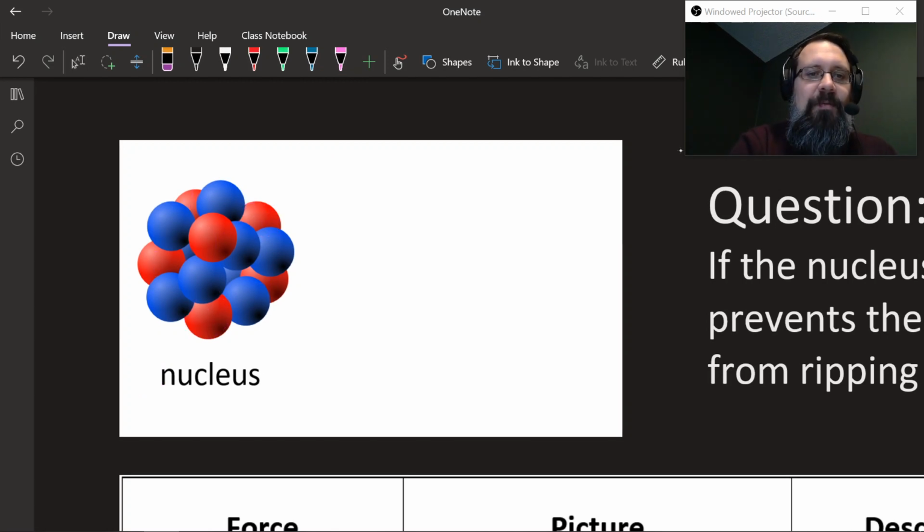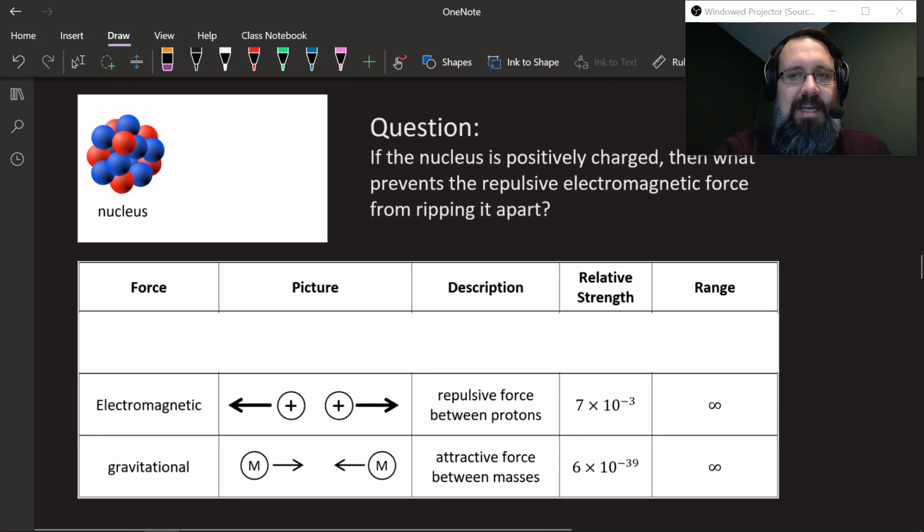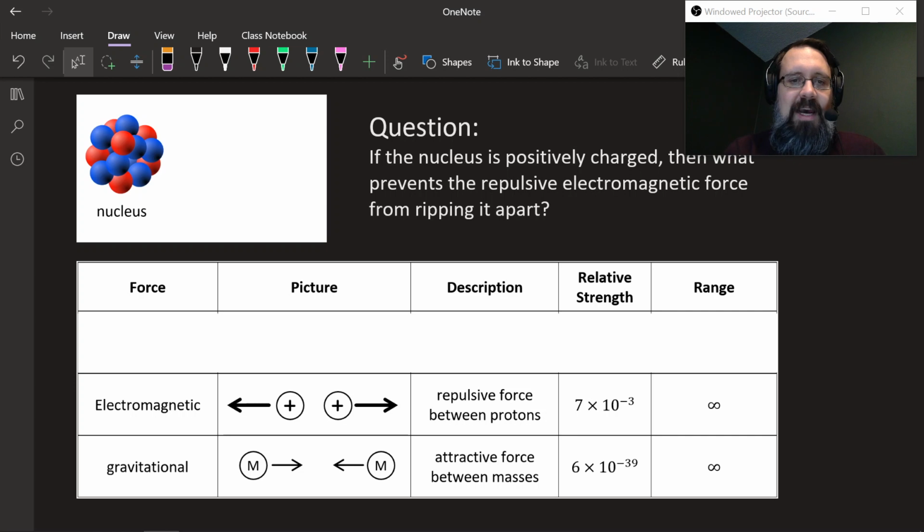So there's a new force. It's called the nuclear force. So here's our picture of the forces that we've studied so far this year. We've got the electromagnetic force, which we just spent a series of videos for the past 4 weeks on. The electromagnetic force is a force that acts between charged particles. In this case, protons repel each other.